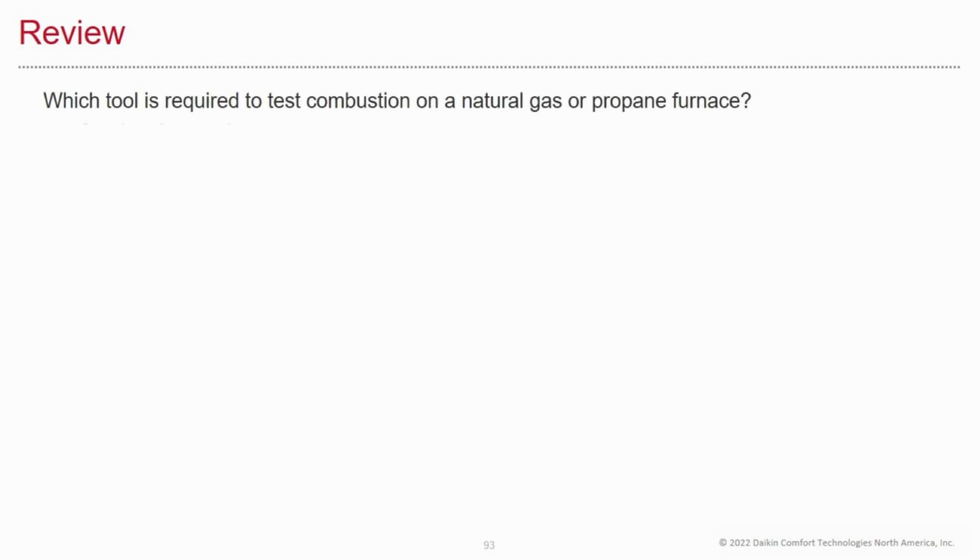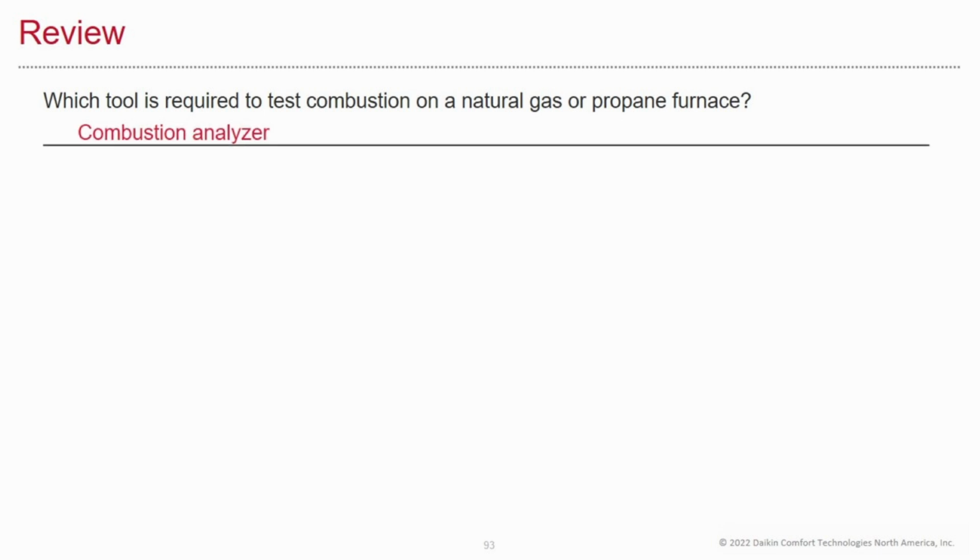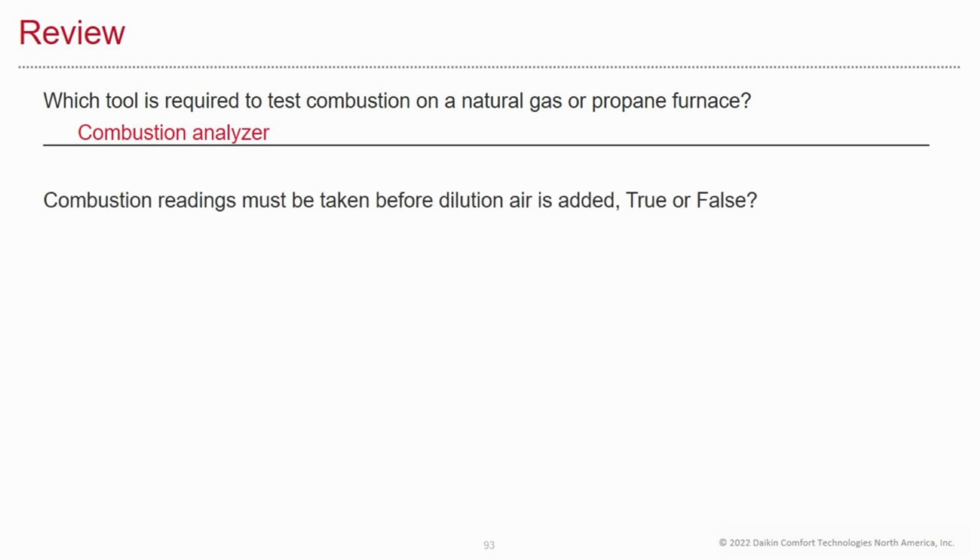Review. Which tool is required to test combustion on a natural gas or propane furnace? Combustion analyzer. Combustion readings must be taken before dilution air is added. True or false? True.